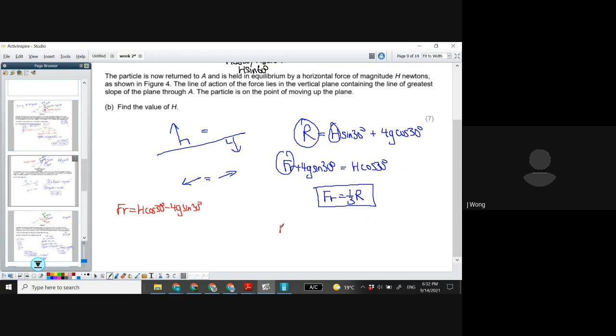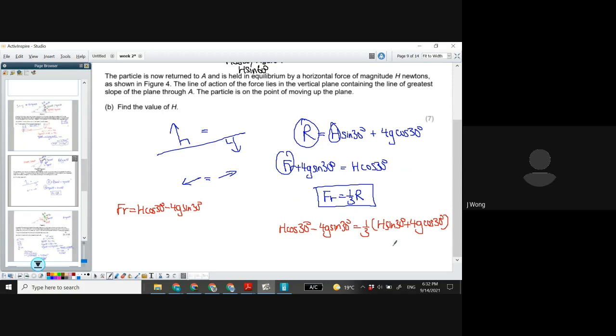So we'll have h cos 30 degrees subtract 4g sine 30 degrees on this side equals a third of h sine 30 degrees plus 4g cos 30 degrees. Okay, so this is how we're going to set up the question.